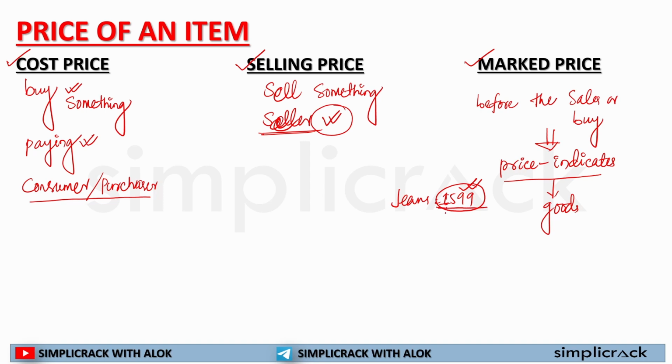But if I reduce the cost, he might be able to purchase it. So he will quote you another price. For an example, he says I can give you this jeans at 1099.